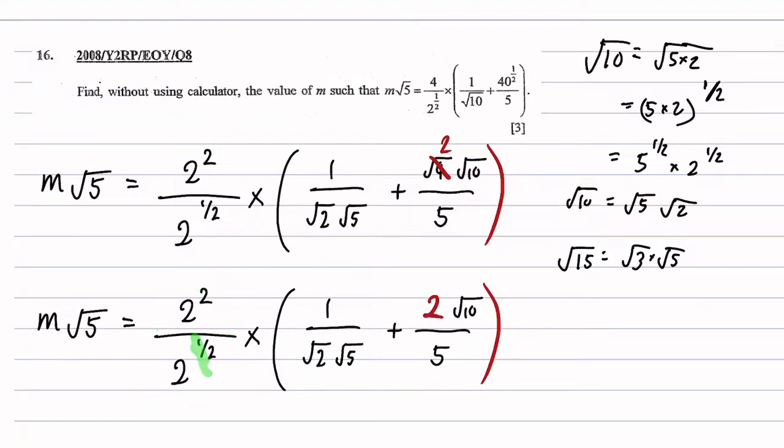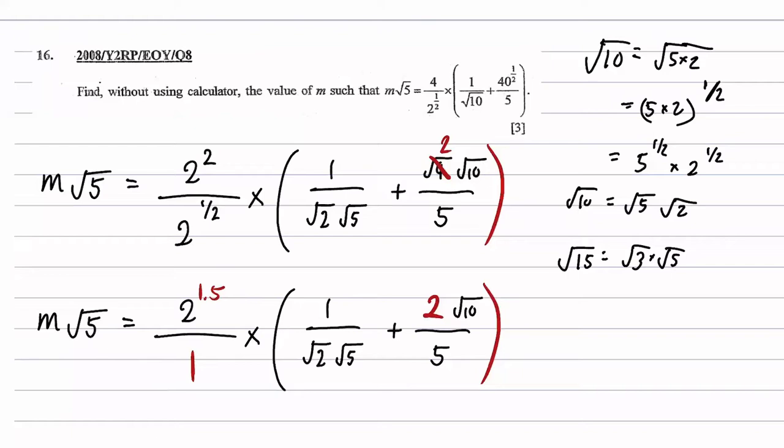Anything else? This part, power half. What happens? Square root 2 on the bottom. Are you sure? Wait, 2 to the power of 1.5. Yeah, 1.5, I'll leave it as 1.5.